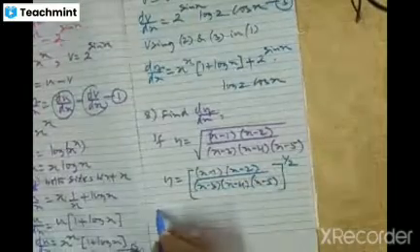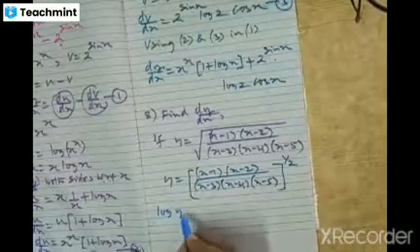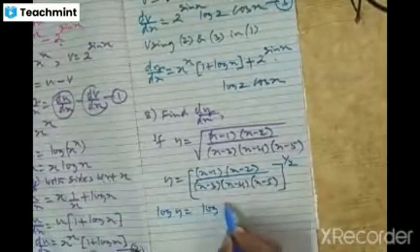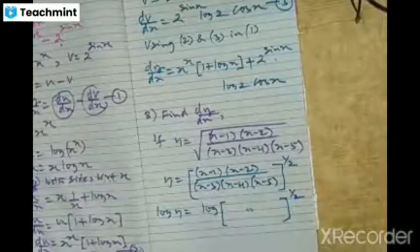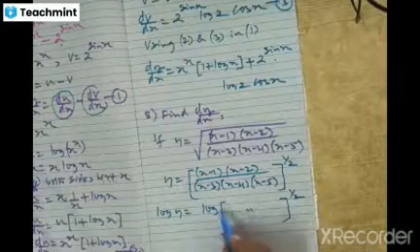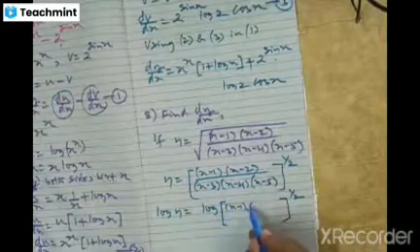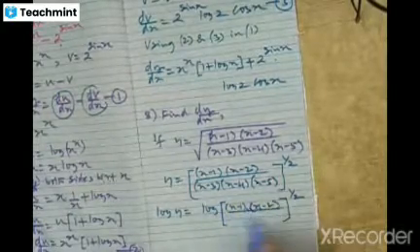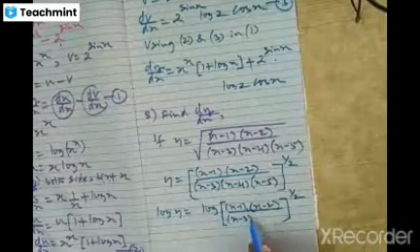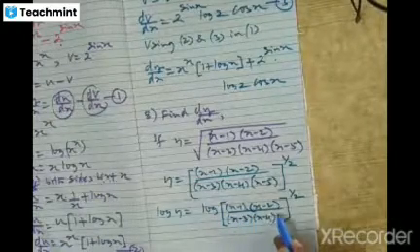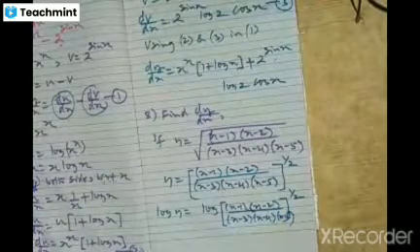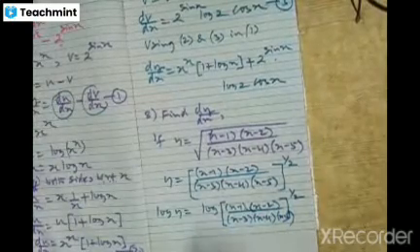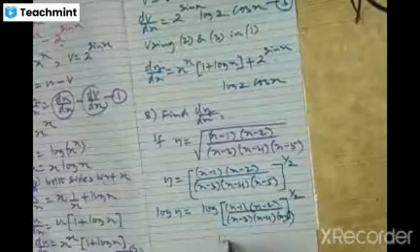So if I take log on both sides, log y is equal to log of this, you have to write that whole power half. So log of x minus 1 into x minus 2 divided by x minus 3 into x minus 4 into x minus 5. The right hand side is of the form log m power n.